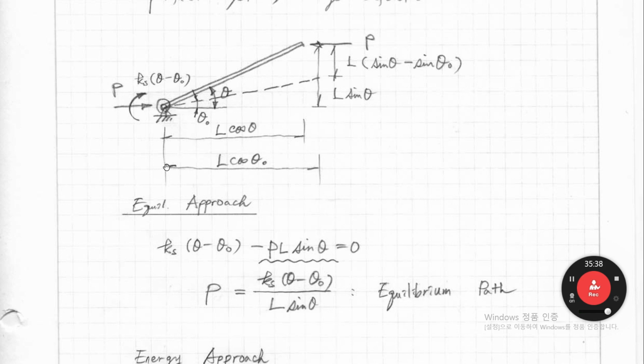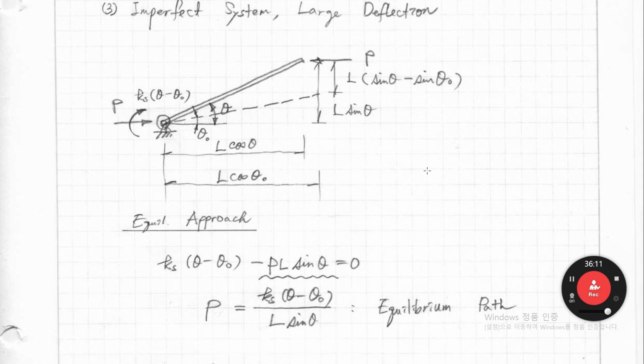So the horizontal projected length is L cosine theta 0. This one is L cosine theta, right? From here to here, L sine theta, minus this one, sine theta 0. That is the geometry. So let's use the equilibrium approach.